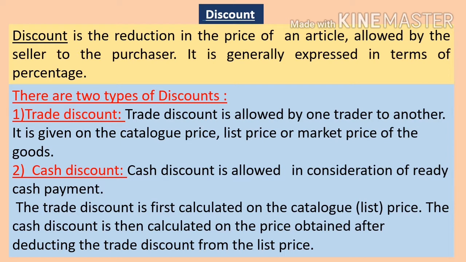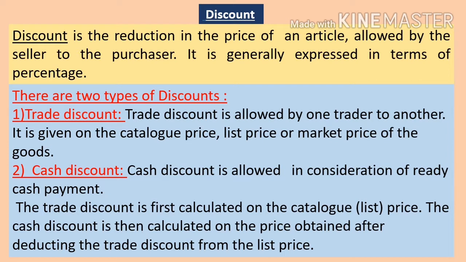Now the main difference between these two discounts is the trade discount is always calculated on the mark price or the list price of the goods. Then after deducting this trade discount from the list price, the price that we get is called the invoice price. And then the cash discount is calculated on the invoice price.